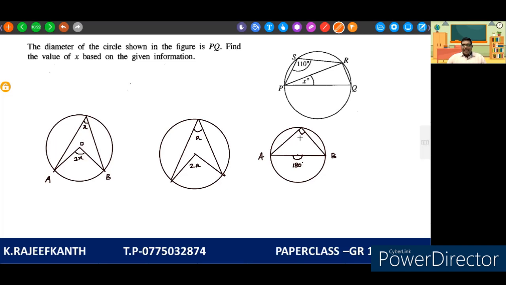Then this should be 90. So that is why we are saying angle of a semicircle. Why are we saying that? Because this AB is a diameter. So diameter, that is also an arc. If it is a diameter, this angle will always be 90 degrees.